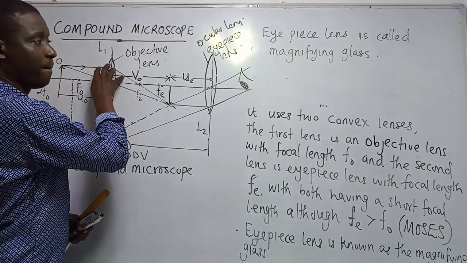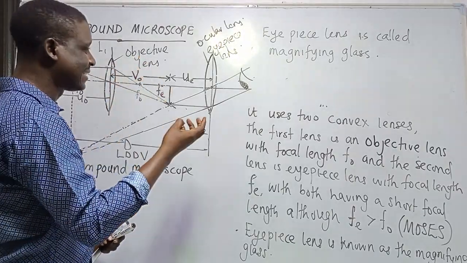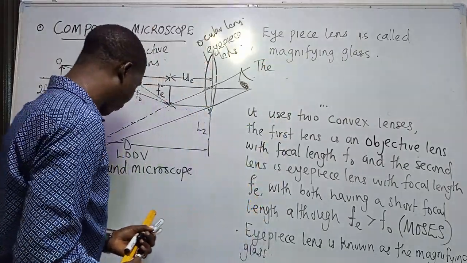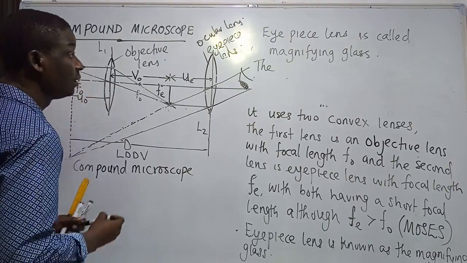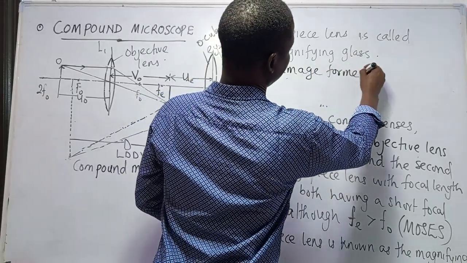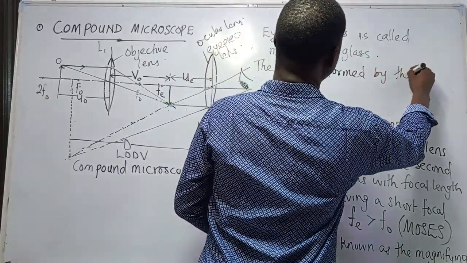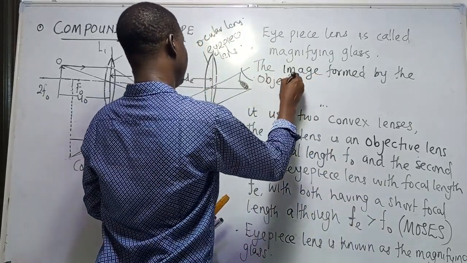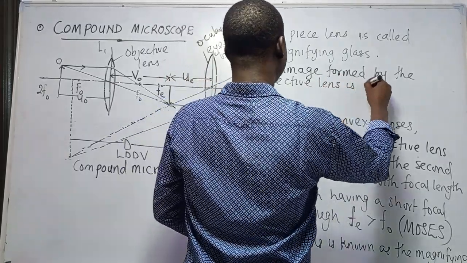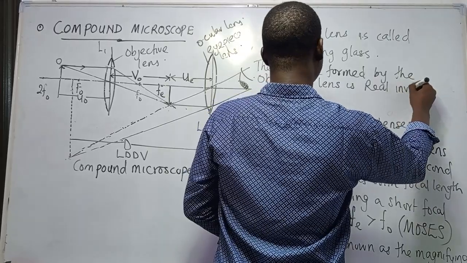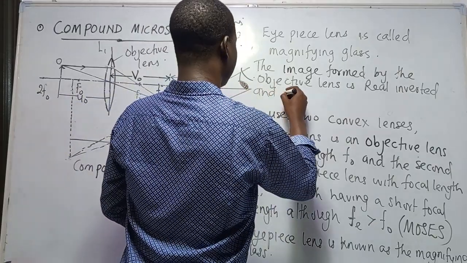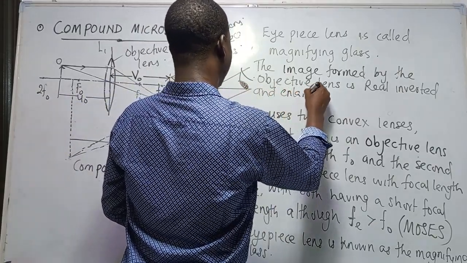Now the image formed by the objective lens is real, inverted, and enlarged or magnified.